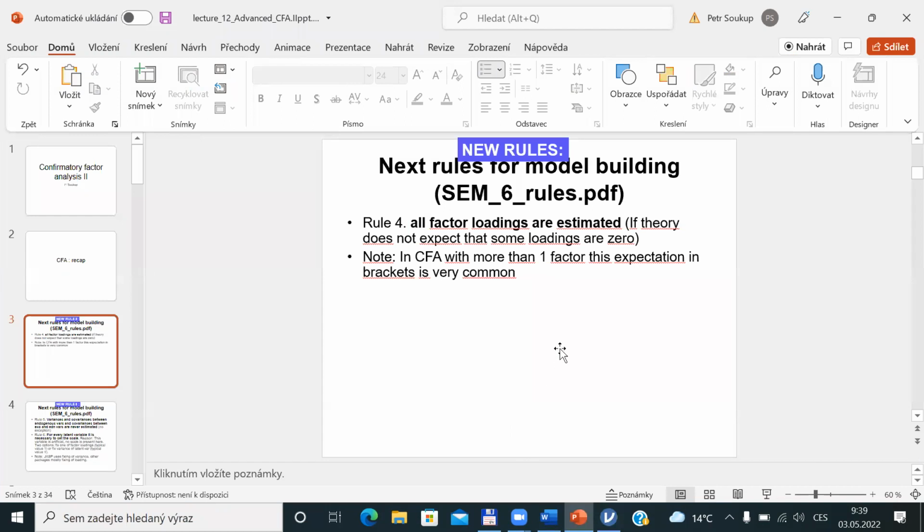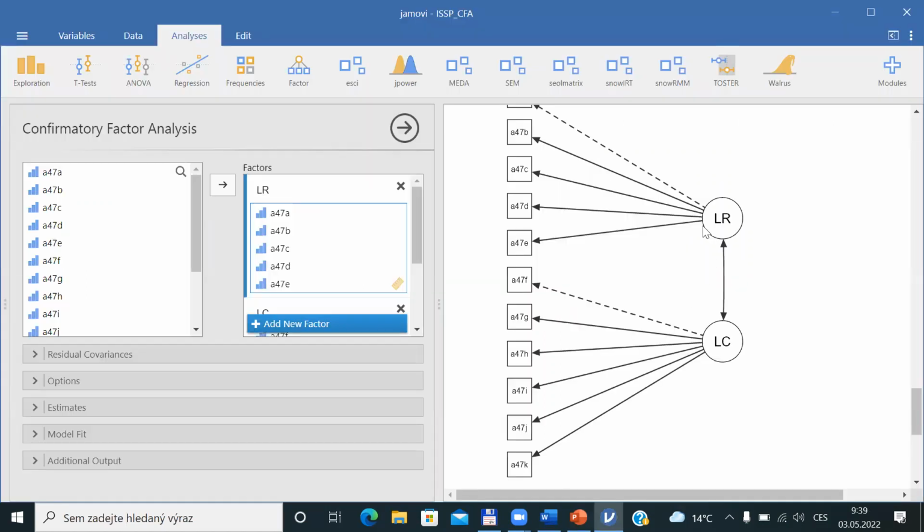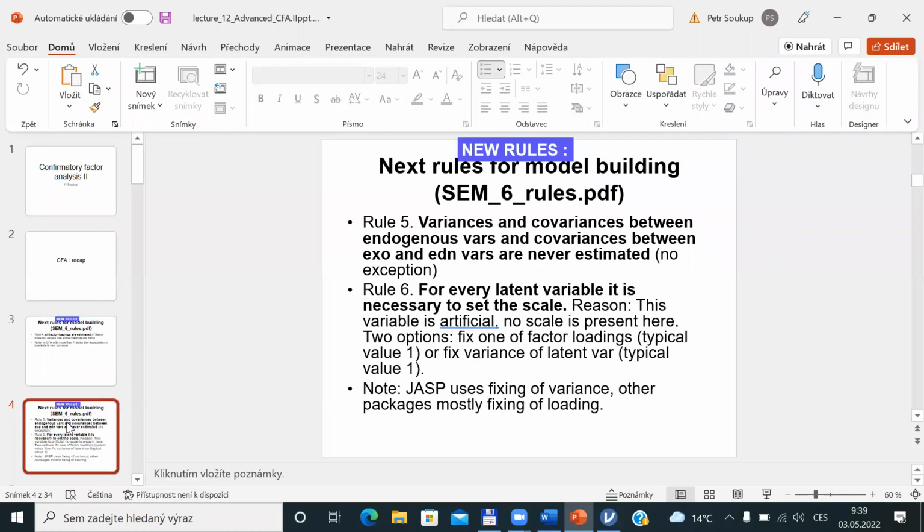So usually we expect that one item is related only to one factor. That's the classical model. Sometimes cross loadings are applied in some special models, but we won't go into this discussion. So that's all about rule number 4.